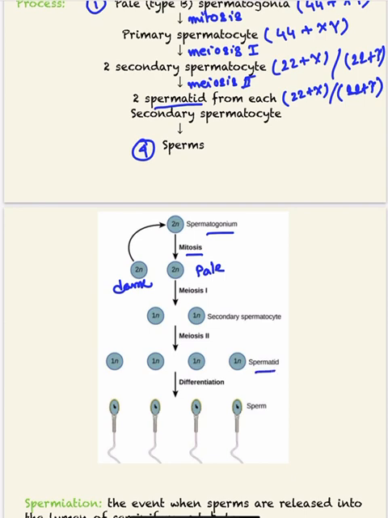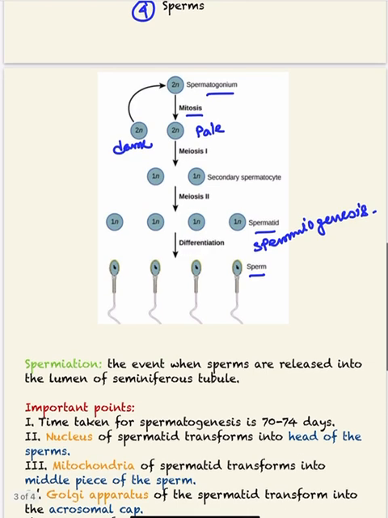And when the spermatid differentiates into sperm, the process is called spermiogenesis. And when the sperms are released into the lumen of the seminiferous tubule, the event is called spermiation.